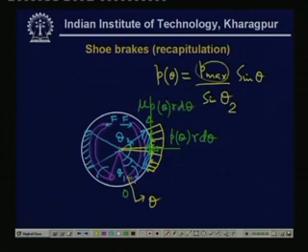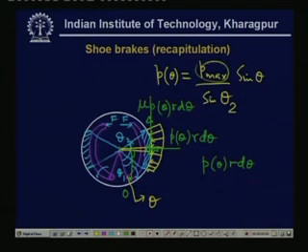So, we have to calculate two moments. First, the moment of this normal force, P theta times r d theta, times the perpendicular distance.